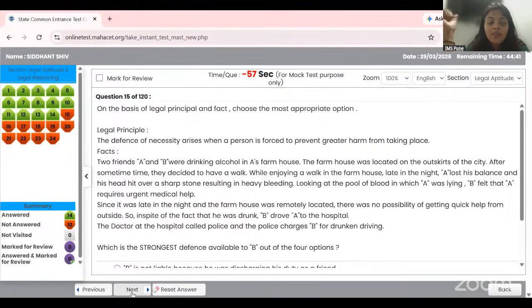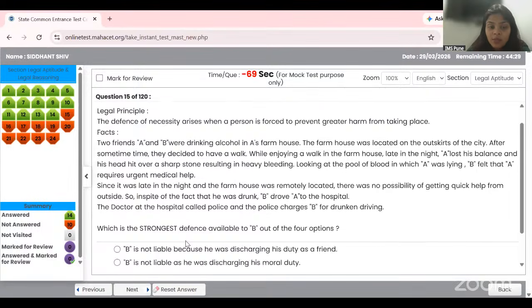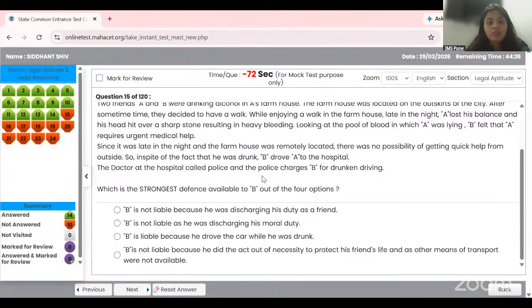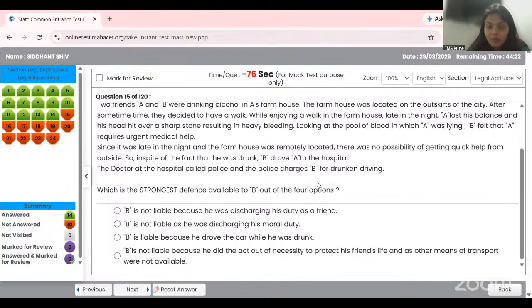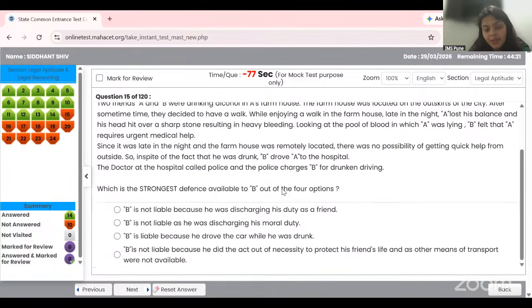We know that there was a medical emergency that happened to the other person, and we also know that there was no vehicle available here. The house was remotely located. So now the question is, the doctor called the police and police is charging B for drunken driving. Can B take their defense of necessity?